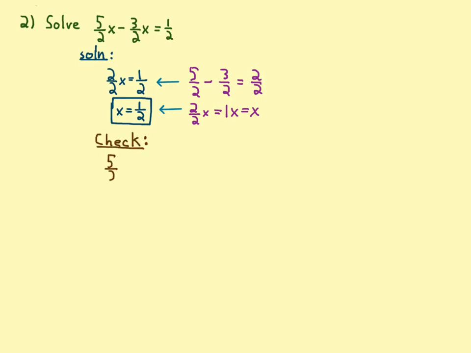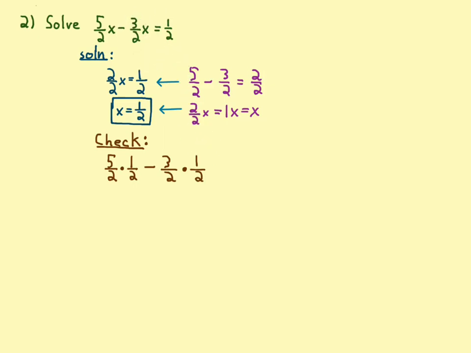Okay. I'm going to check it by taking 1/2 and putting it in the original equation and see if I get a half out of it. So I put a half in for x here and a half in for x here, and I'm going to simplify that expression of known numbers and hope that I get a half. So I get 5 halves times 1/2, minus 3 halves times 1/2, because those are both the x's.